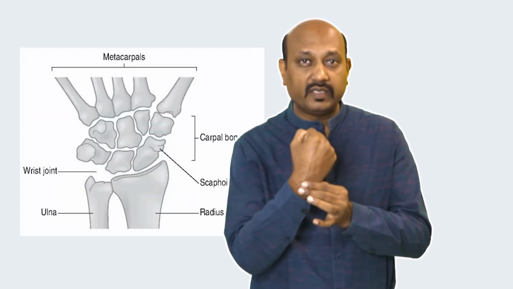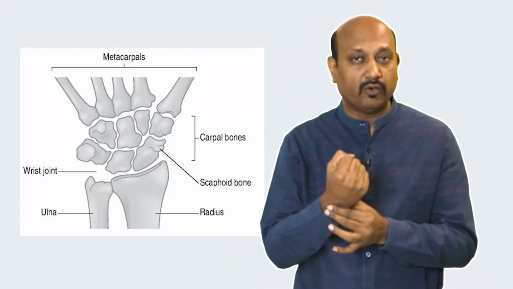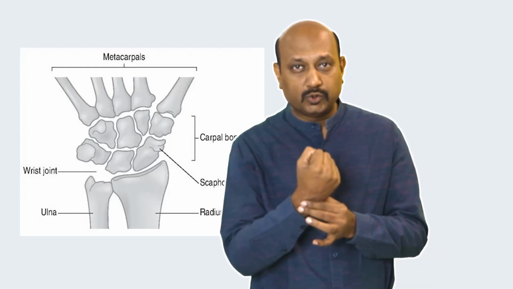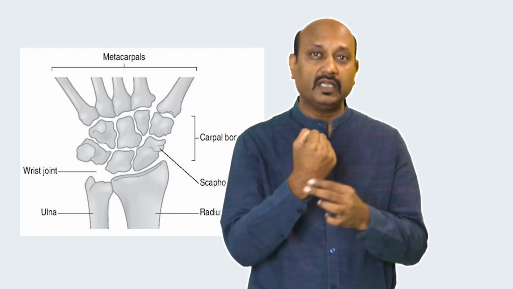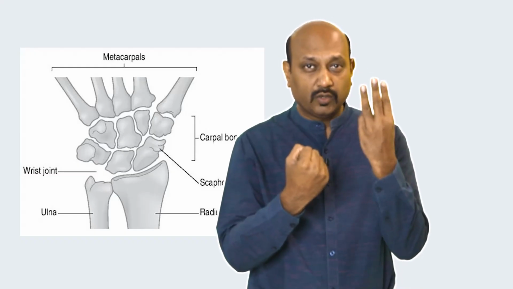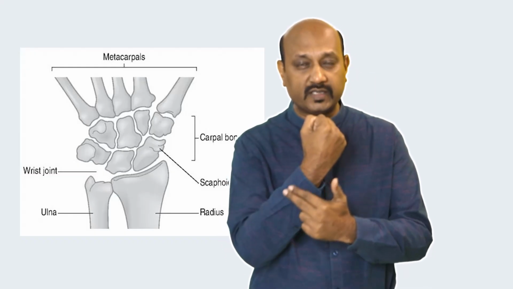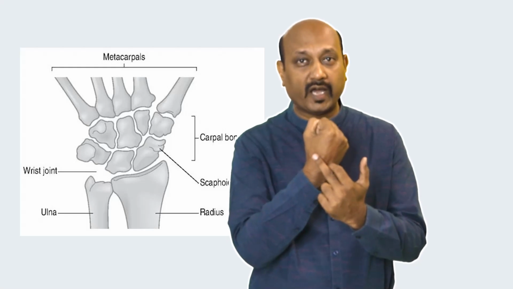What is an example in which more than two bones are participating in a joint? The best example that we have is the wrist joint. We normally call it a wrist joint, and in anatomy we also call it a radiocarpal joint. In this radiocarpal joint, we have three bones participating. What are those bones? One is the radius bone, and there are two carpal bones.